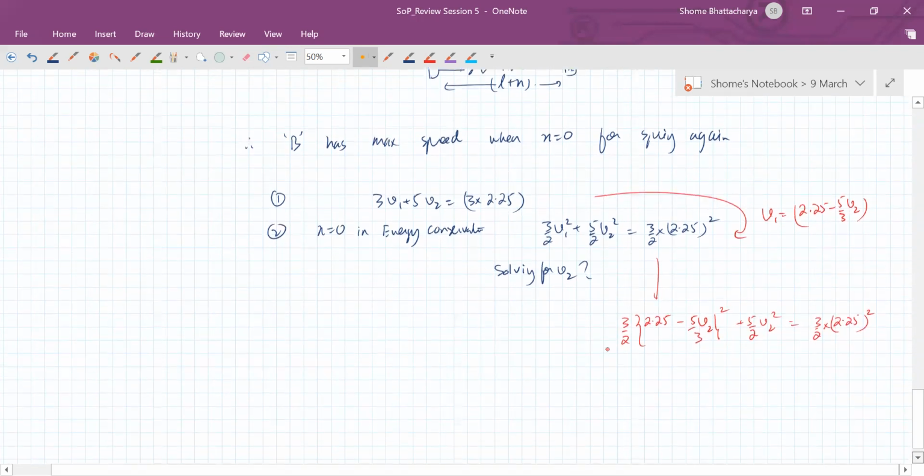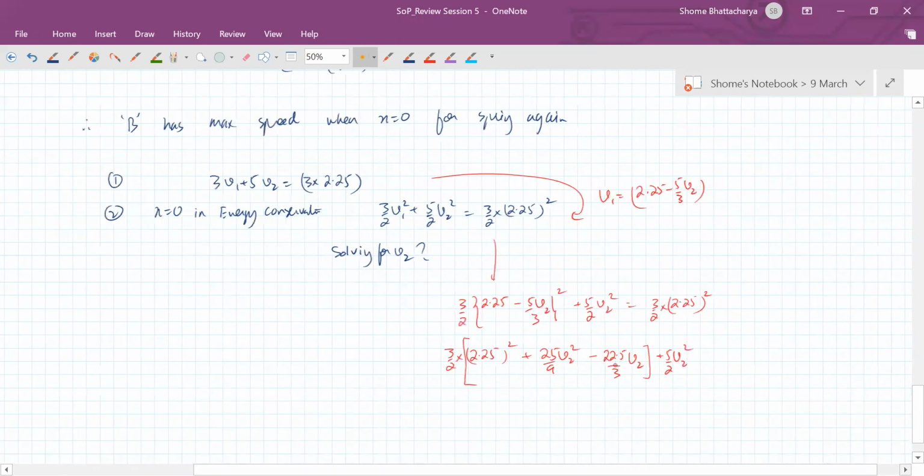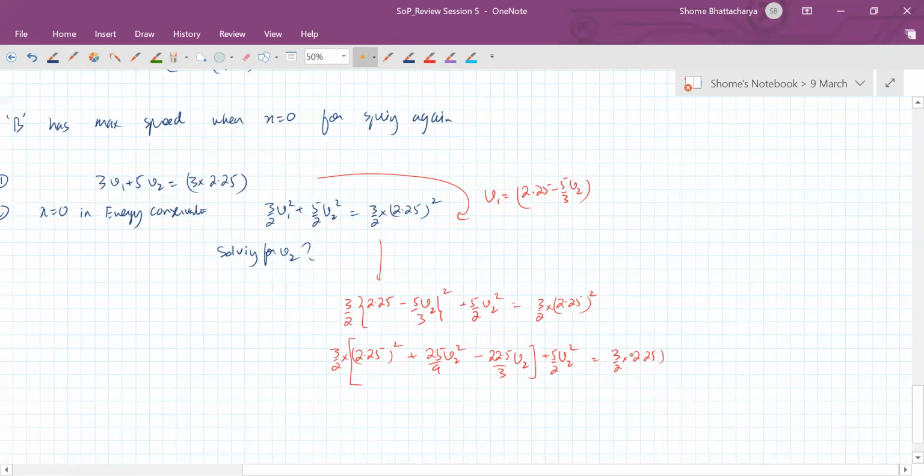Which you will see is quite easy to handle because the 2.25 whole square term will in fact cancel. That's why I said it's easy to handle.